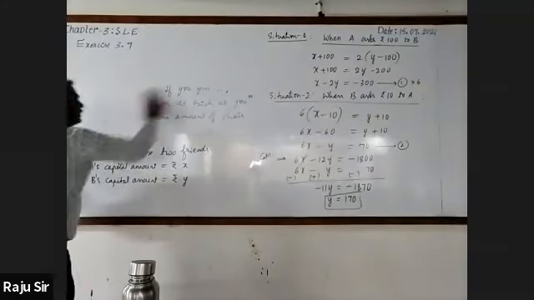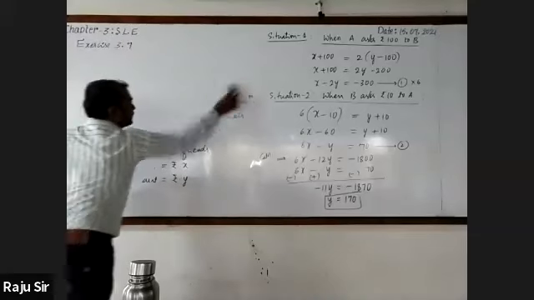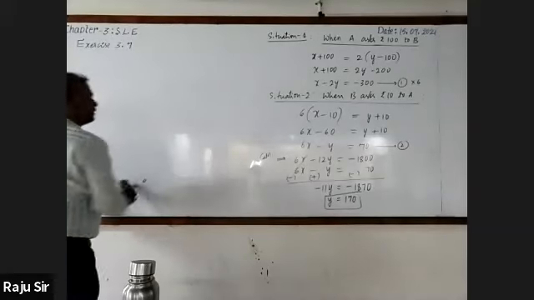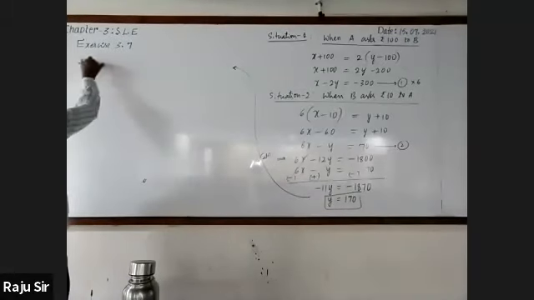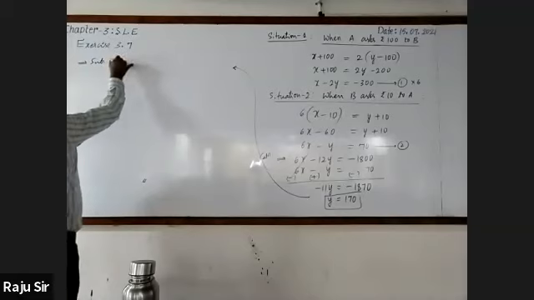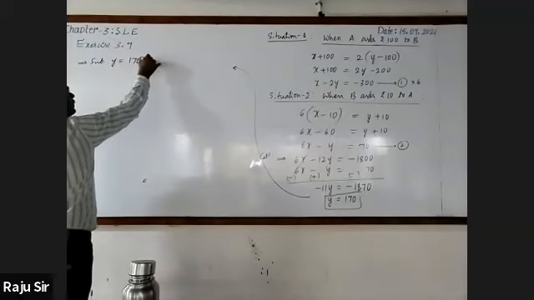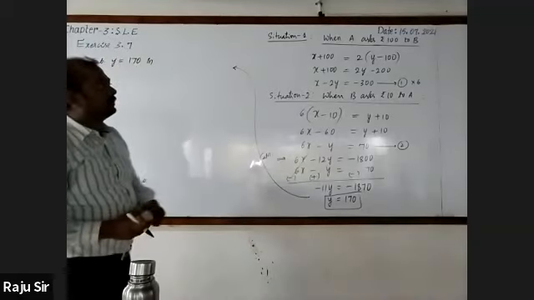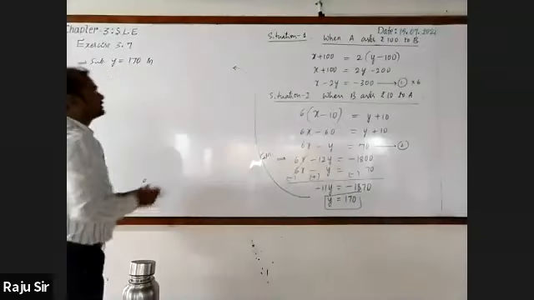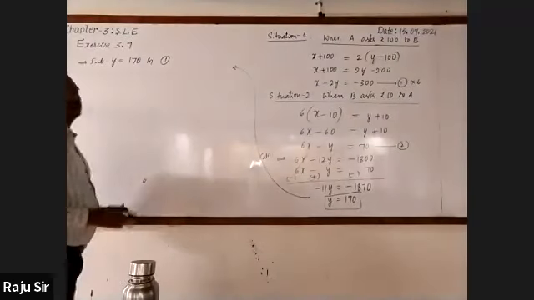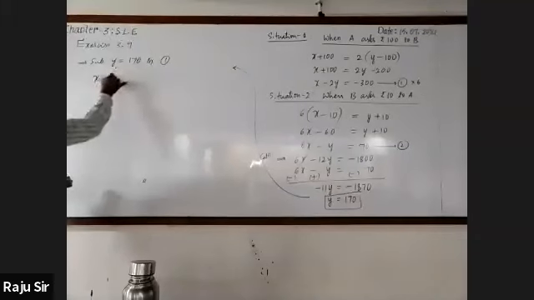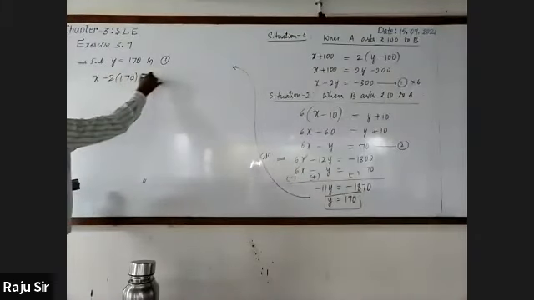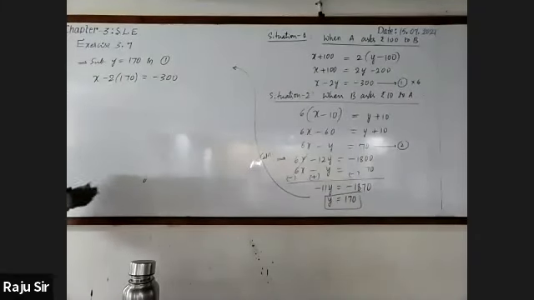Let me continue it here. Substitute y is equal to 170 in any one of the two equations. I take the first equation: x minus 2y is equal to minus 300.